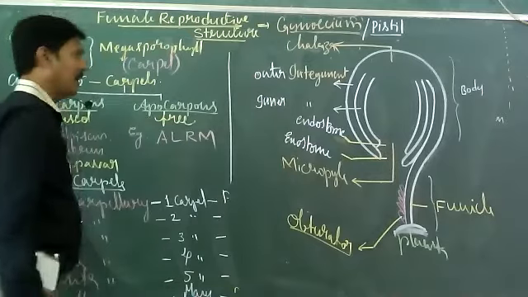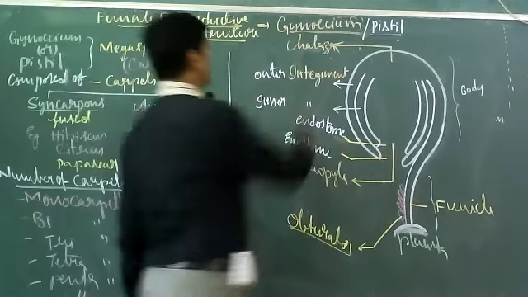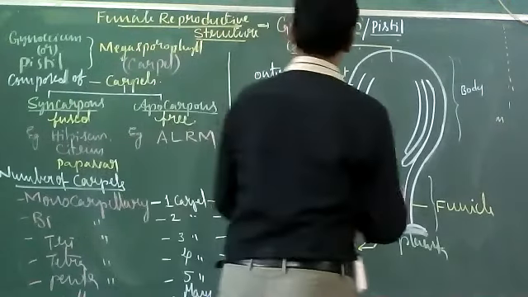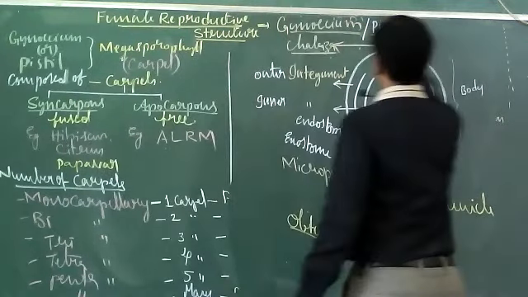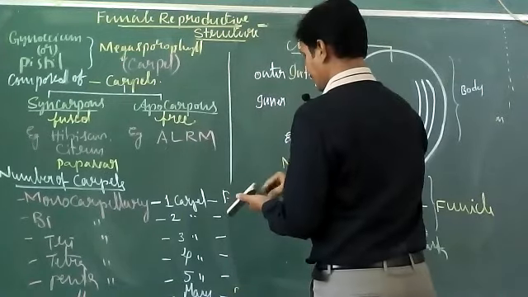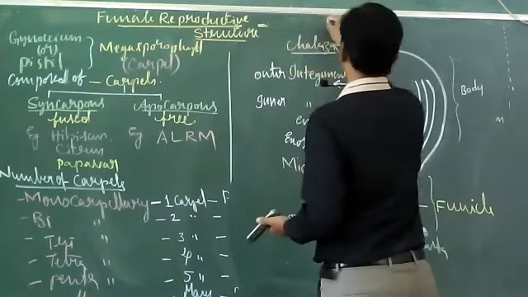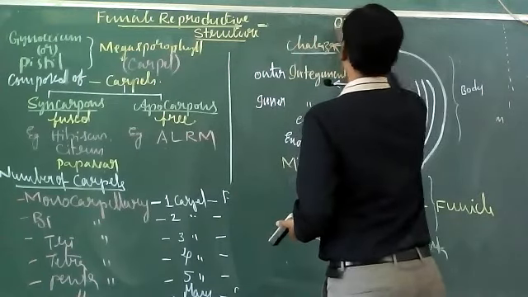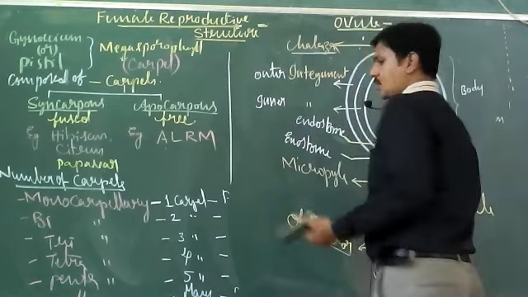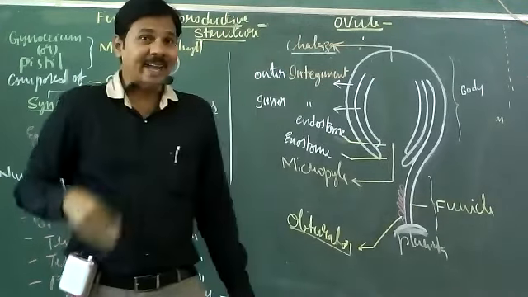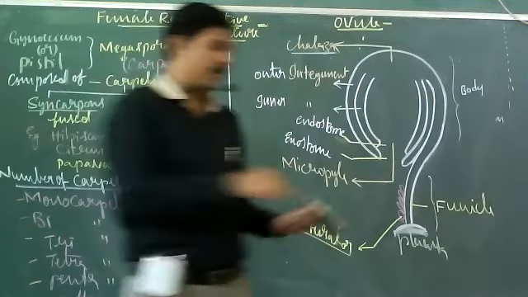Okay. And then, based on this, I can say the ovule is an integumented megasporangium.